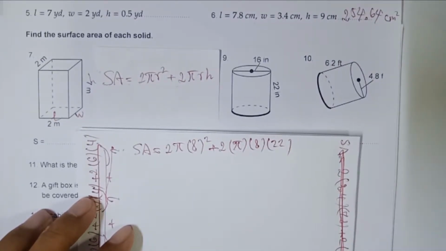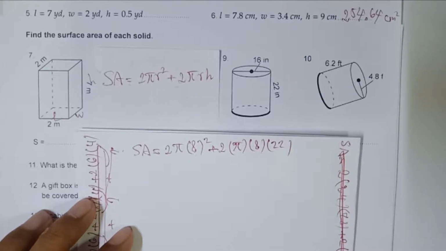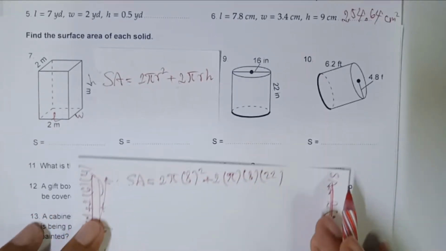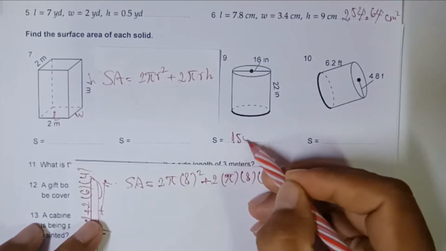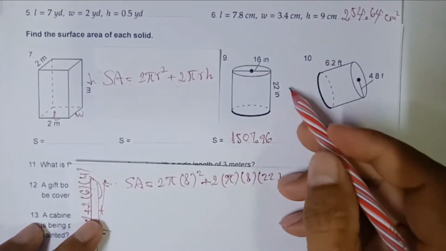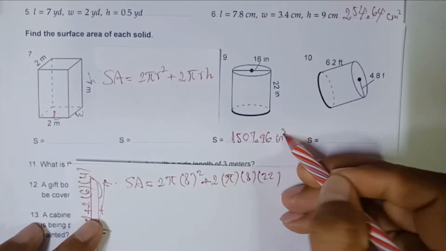Let's work on that: 2 times pi times 8 squared, plus 2 times pi times 8 times 22. That will give you 1507.96. This is going to be in square inches.